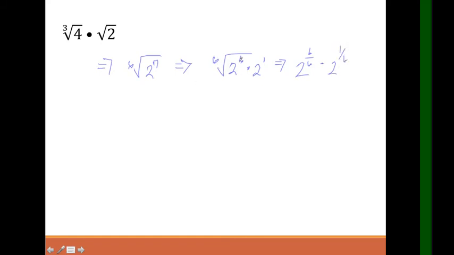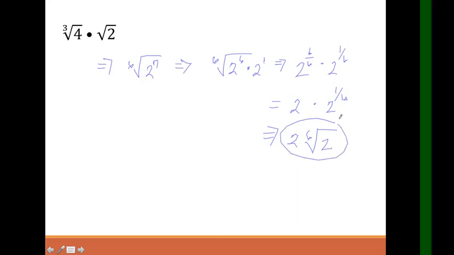Then, 6 over 6 is equal to 1. So, that's 2 times 2, 1 over 6. So, finally, meron tayong 2 root of 2. Ang index niya ay 6. Ang exponent niya ay 1. So, kahit hindi na natin ilagay yon. So, ito yung final answer natin.